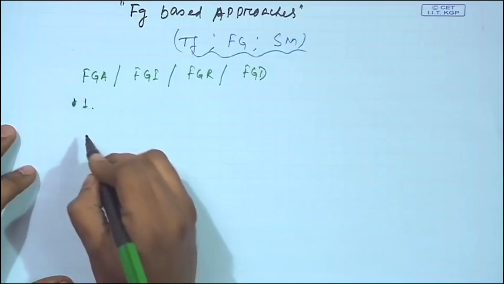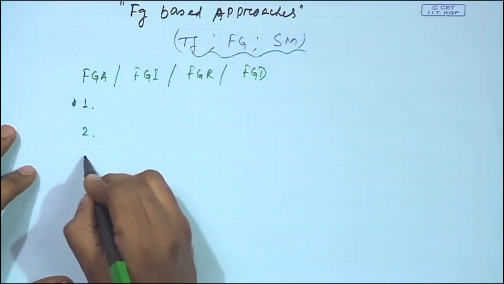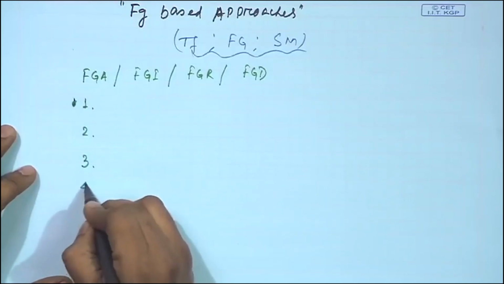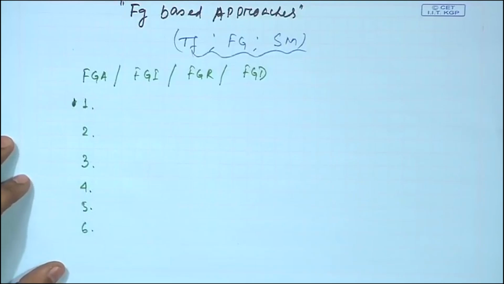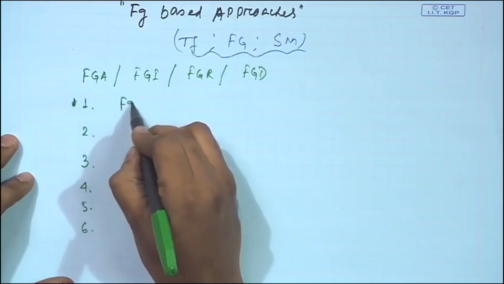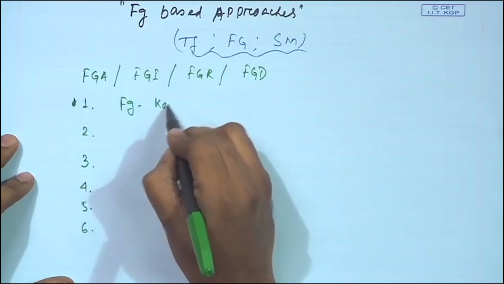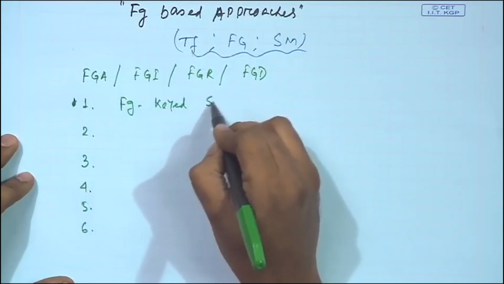Now, for these functional group approaches, we will focus on 6 different aspects. Our main discussion will be based on these 6 aspects. Initially we will be talking about functional group keyed skeletal disconnection.